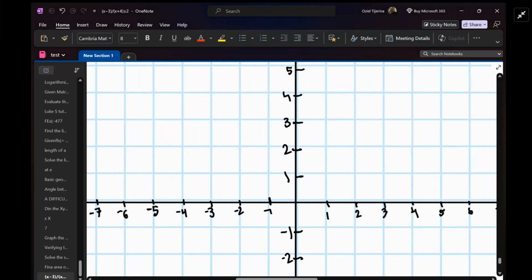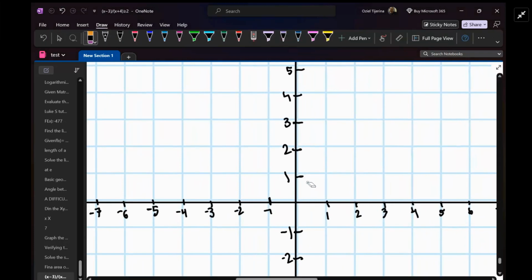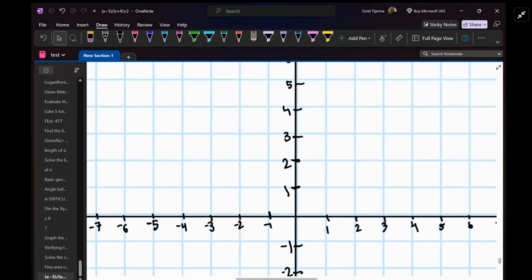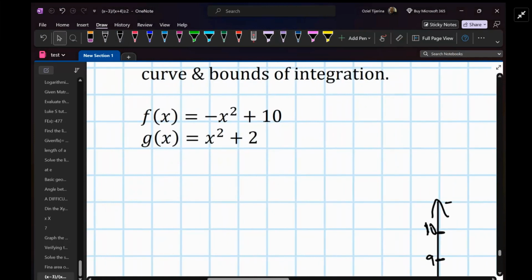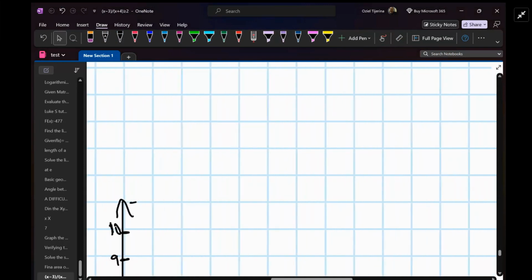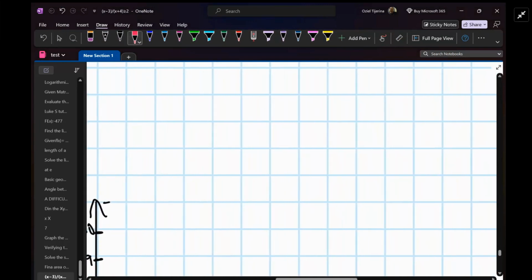Okay, so here we have two functions, f of x equals negative x squared plus 10, and g of x is x squared plus 2. Let's first graph f of x equals negative x squared plus 10.